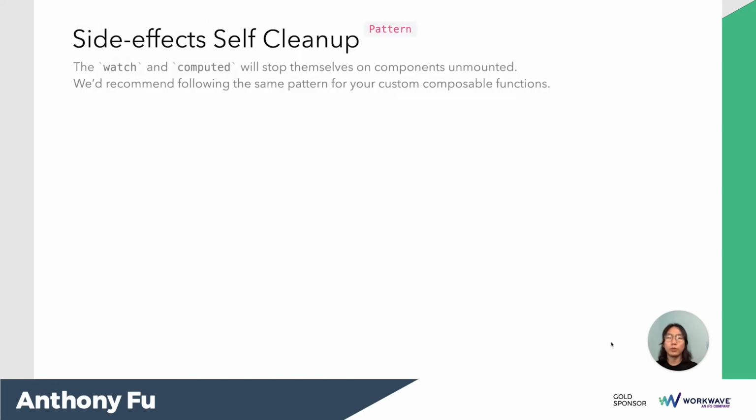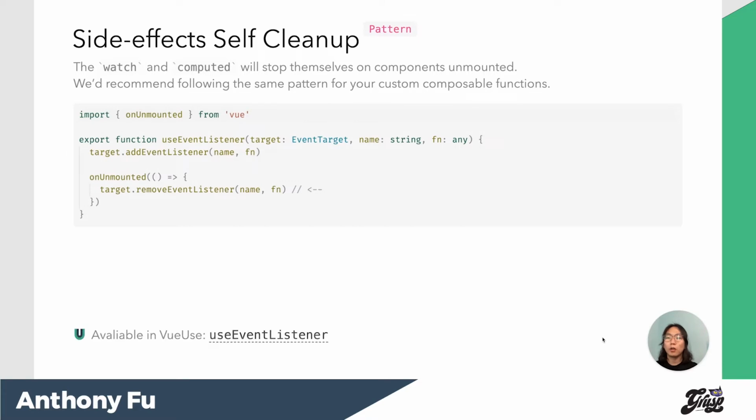Watch and computed in Vue will stop themselves automatically along with the component unmounting. We'd recommend following the same pattern for your custom composable functions. By calling the unmounted hooks inside your composable functions, you can schedule the effect cleanup logic.